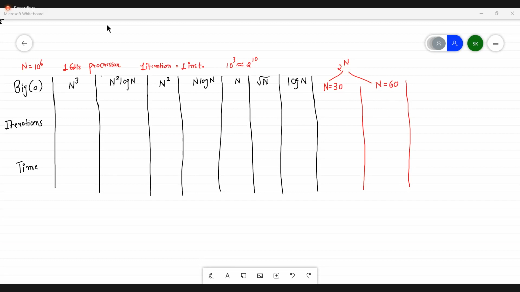Clear? I want this table to be filled by you all by tomorrow. I'll check the values, and then we will start on with the stack and queues. Clear to all? I'll also discuss tomorrow some of the importance of constraints, like why constraints are given in particular questions. And that's it.